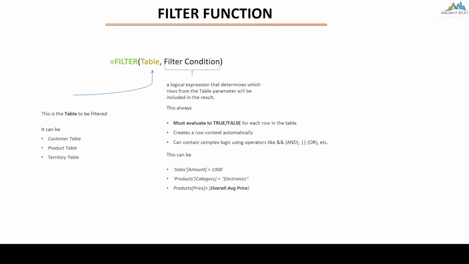The filter function evaluates the condition row by row, and it returns us a subset of the table, right? Enough talk, enough theory. Let's go to Power BI and look at how filter is put into action.